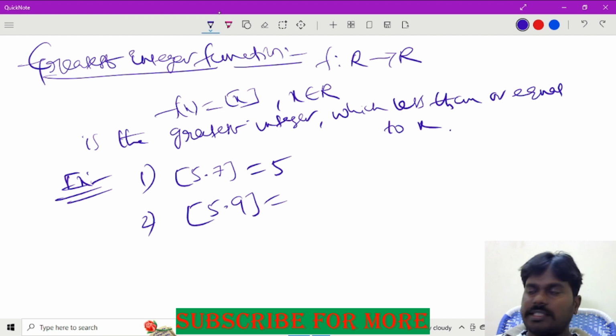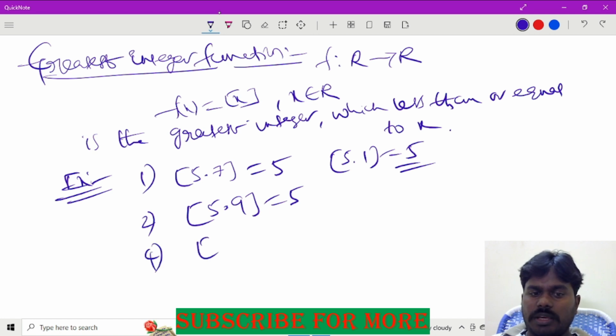Here you cannot take 6, because box x is the value of the greatest integer which is less than x or equal to x. So when you take 6, it is greater than 5.9, so 5 is the only answer. Though 5.7, 5.1, here 5.1 is also 5 only, it is not 6 or 4.